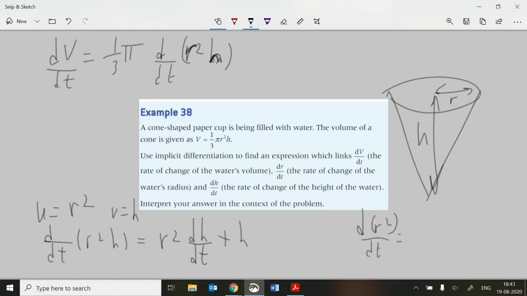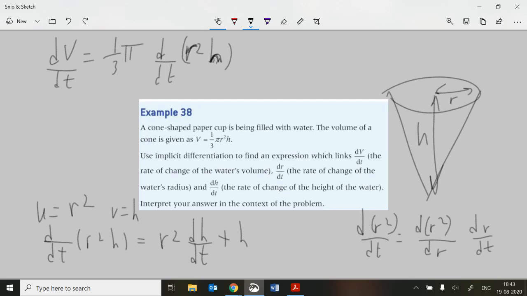So what are we going to do? We're going to say d of r squared with respect to r, which we know how to do, and then we're going to be left with dr/dt in order to get this dt at the bottom. So in order to differentiate this r squared with respect to t, we're going to apply the chain rule essentially.